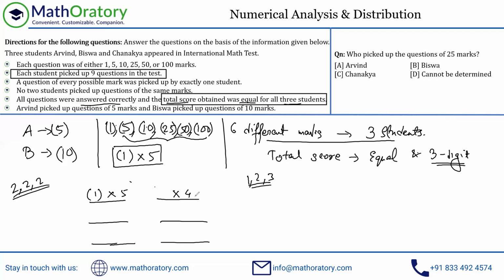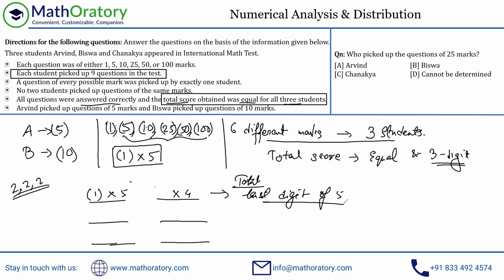Now, interestingly, if this is 4 questions, whatever number you multiply to this 4, 5, 10, 25, 50, 100, whichever, it will end with a 0, right? So let me take this off as of now. The total score that is going to come will have a last digit of 5.